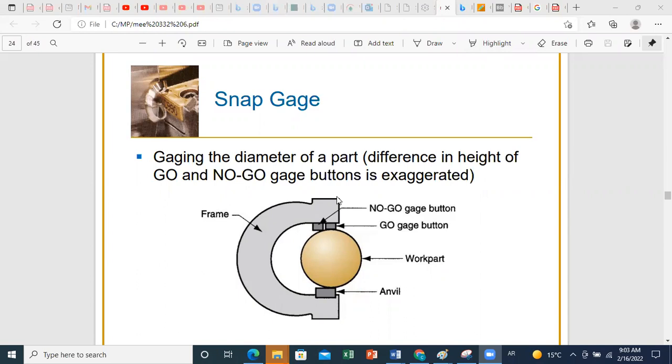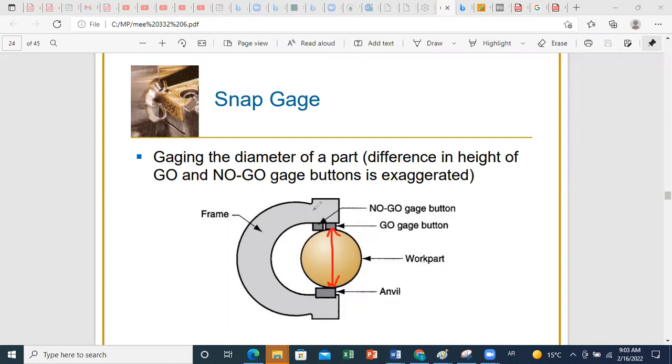Here, as you can see, if you have a ball and you want to measure its diameter, you can just insert it into your snap gauge, and then you will have several snap gauges, and each one will have a certain size.